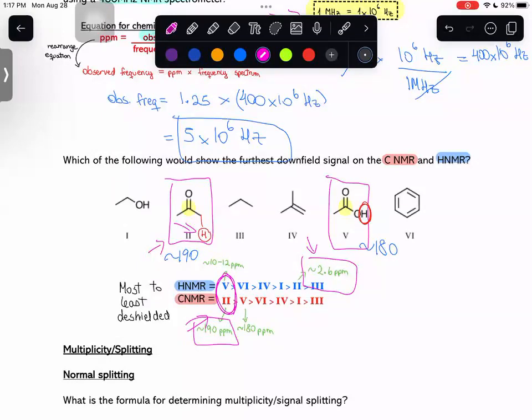How many carbons away is it considered a roadblock? Just one carbon away to roadblock? Yes. So then it won't be in that 9 to 12 range. Instead, it'll be in that 1 to 2.5 range, the alkyl or aliphatic area. But it'll be closer to 2.5 because that aldehyde, that double bond to oxygen, is still there.